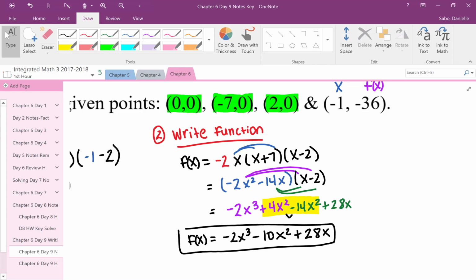Try to move on to 4. 4 is a little bit more challenging, but definitely the same process. I love seeing you guys checking your answers on your calculator. That's awesome.